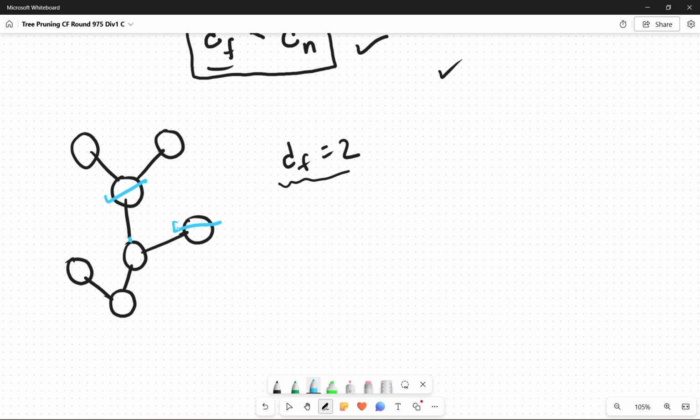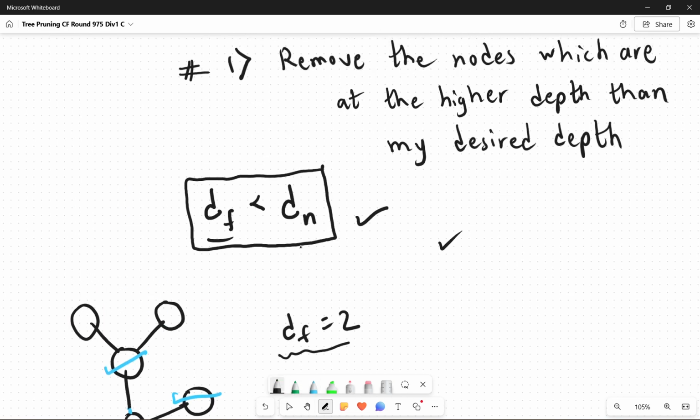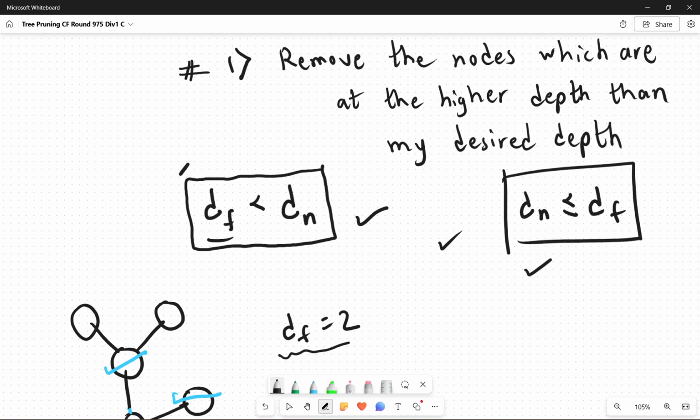From the first observation, I can notice that if my node remains, then its depth should be less than or equal to final depth. Makes sense? Okay, this is the first inequality.